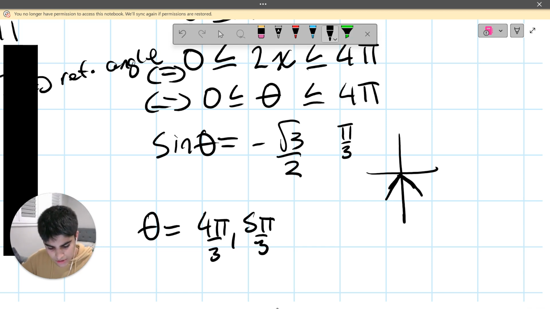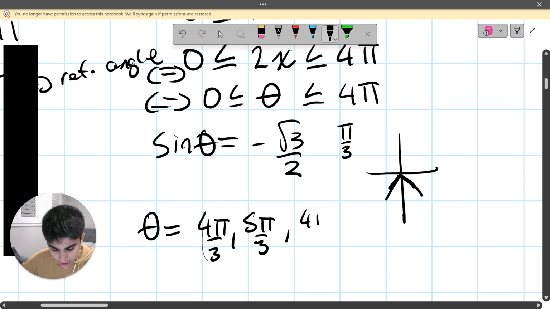Now once we've got these solutions, our domain is 4 pi, so we're simply going to add 2 pi to each of these solutions. 4 pi on 3 plus 2 pi. And lastly, 5 pi on 3 plus 2 pi.